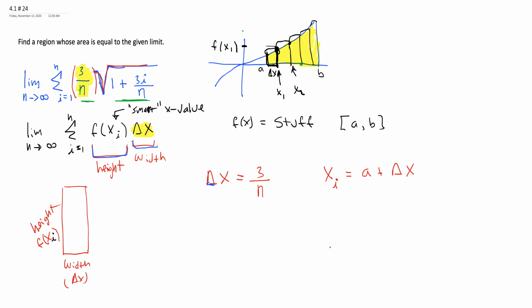So x sub i starts with your a value, which is right here, and you move over delta x to get the right side of the rectangle. So this is the right side of the rectangle smart value.